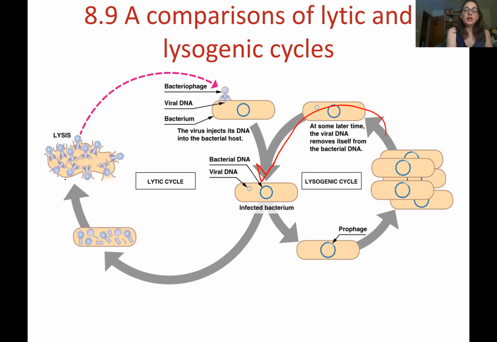So lytic cycle is, I would almost say, the active cycle, where you're actively making more viruses and you kill the host cell. And the lysogenic is the dormant phase, where the virus is being replicated and it's not harming the bacterium until it enters back into the lytic cycle.